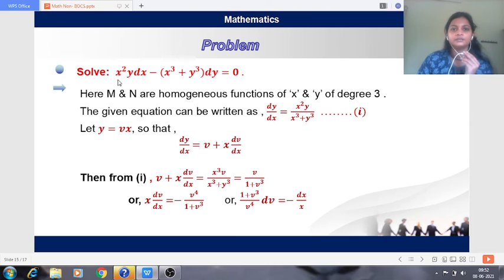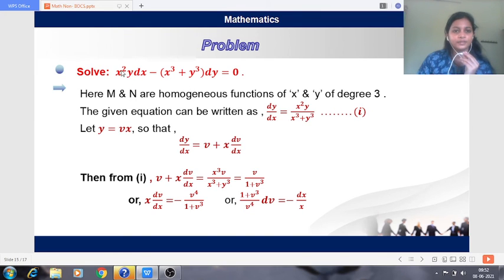By comparing, we get M equals x² y and N equals x³ plus y³. Hence, we see that M and N are both homogeneous functions of x and y, and M and N are of the same degree, 3.